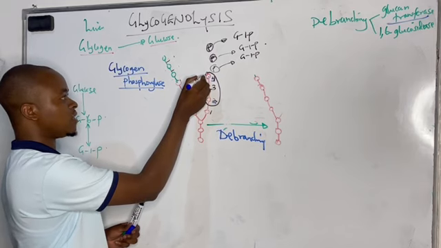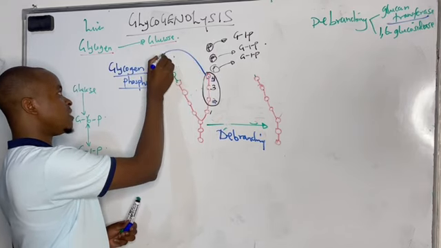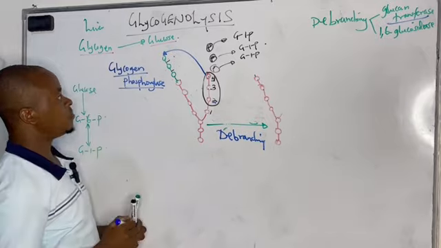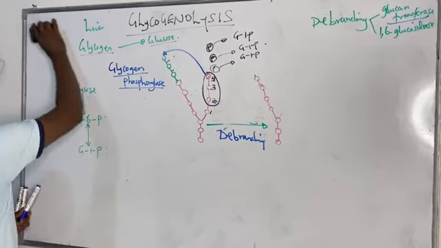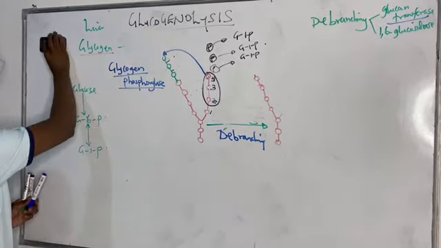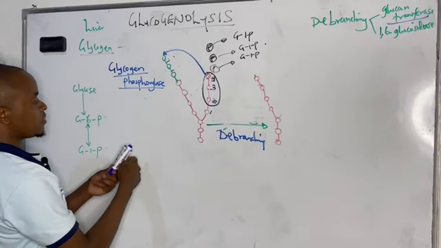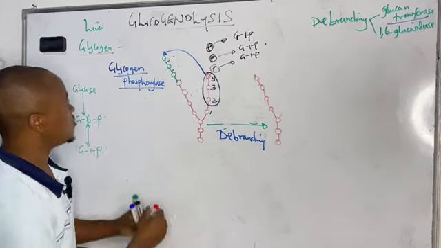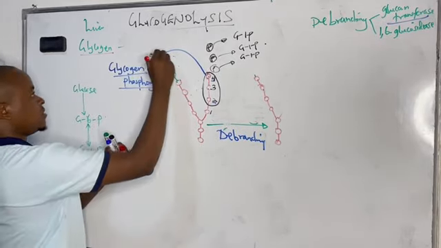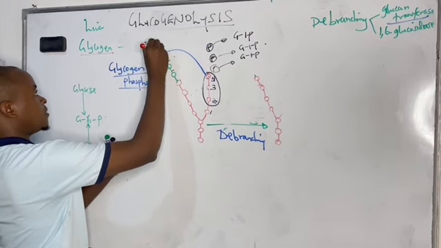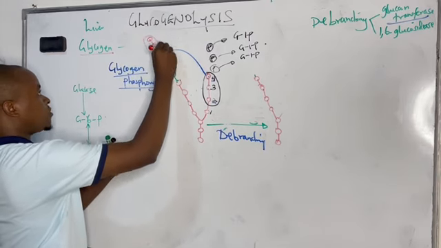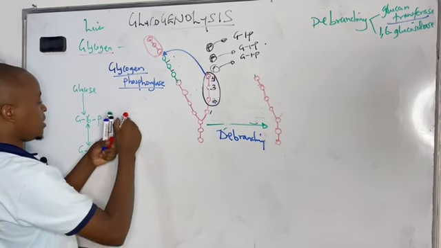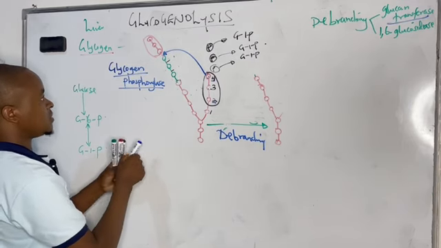That's why we call it transferase. It transfers them to another branch point. So you see these 3 molecules being transferred to the adjacent branch, and being added here by the glucan transferase.